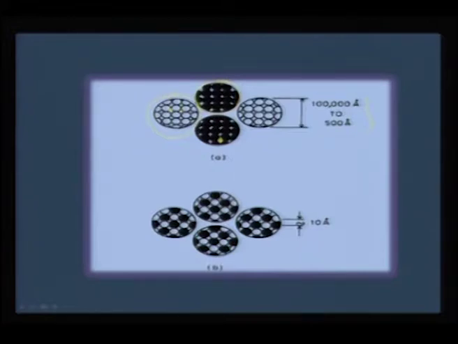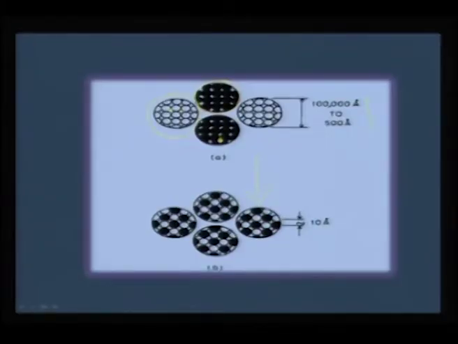But when you bring them into a precursor situation, where you are trying to atomically bring them into closer proximity, you can see that the picture has changed. As a result, the distance between one metal and the other metal can be about 10 angstrom.